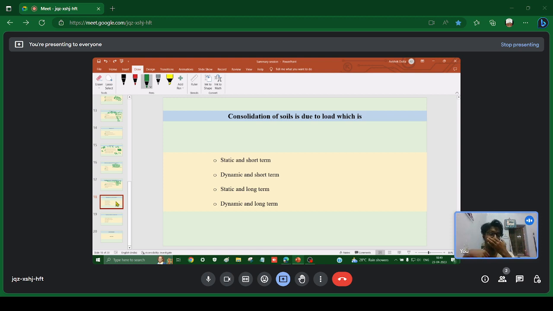But in case of static loads, when we talk about static short-term loads, the first thing that comes to our mind is compaction. So this is one of the basic difference between compaction and consolidation. Compaction, if we say, and consolidation.